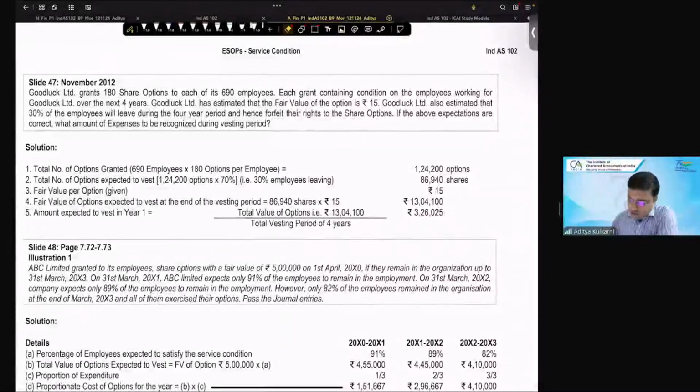So how many employees? 690 employees. How many options? 180 options. So 690 into 180, 1,24,200 options are there. How many employees are expected to leave? Sir, 30% expected to leave.